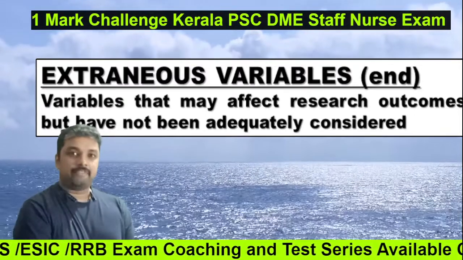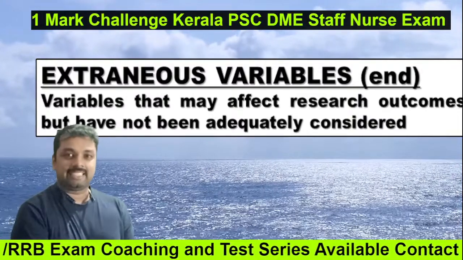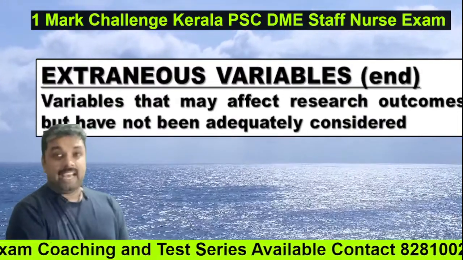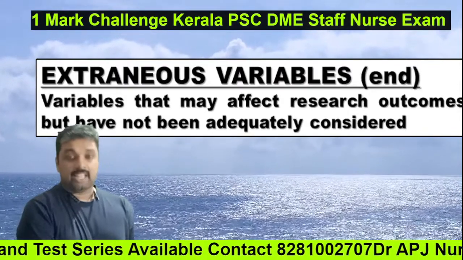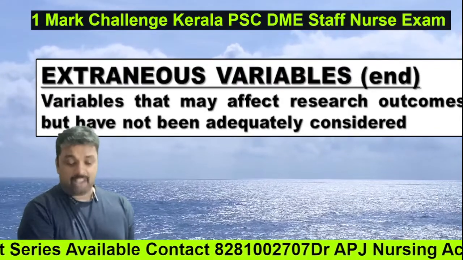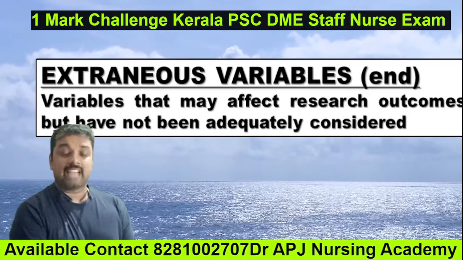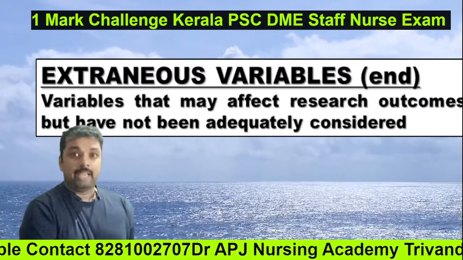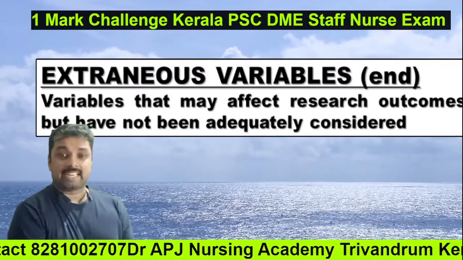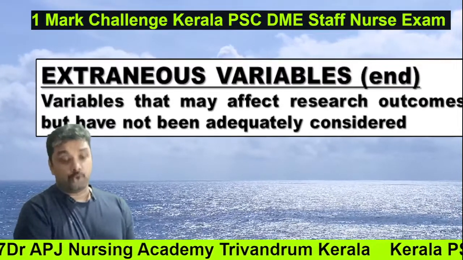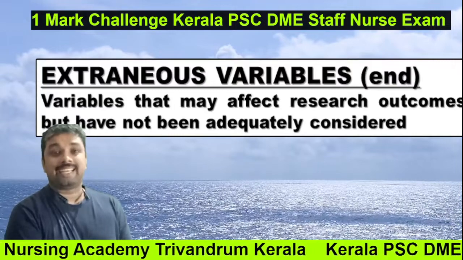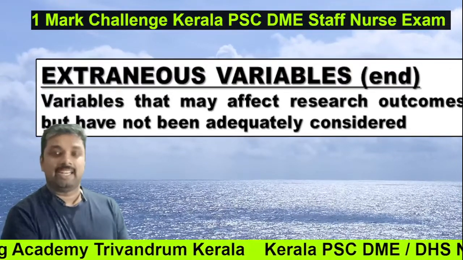Next type of variable is extraneous variable. Extraneous variables are variables that may affect the research outcome but have not been adequately considered during the research.